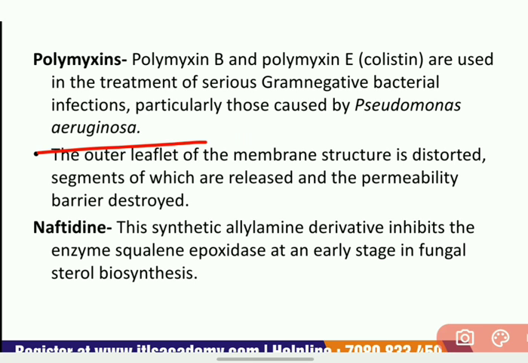We can say that polymyxin is an important antibiotic against infection by Pseudomonas aeruginosa. They comprise a cyclic peptide containing positively charged groups linked by a tripeptide to a hydrophobic branched chain fatty acid.